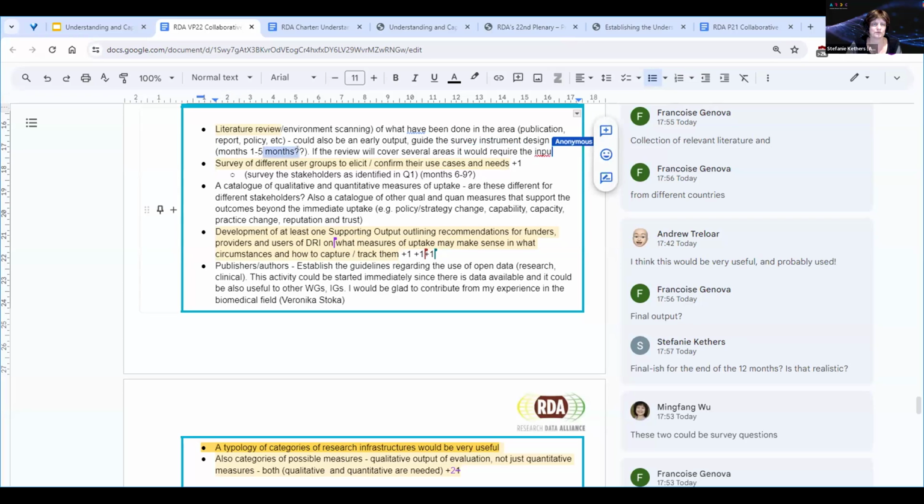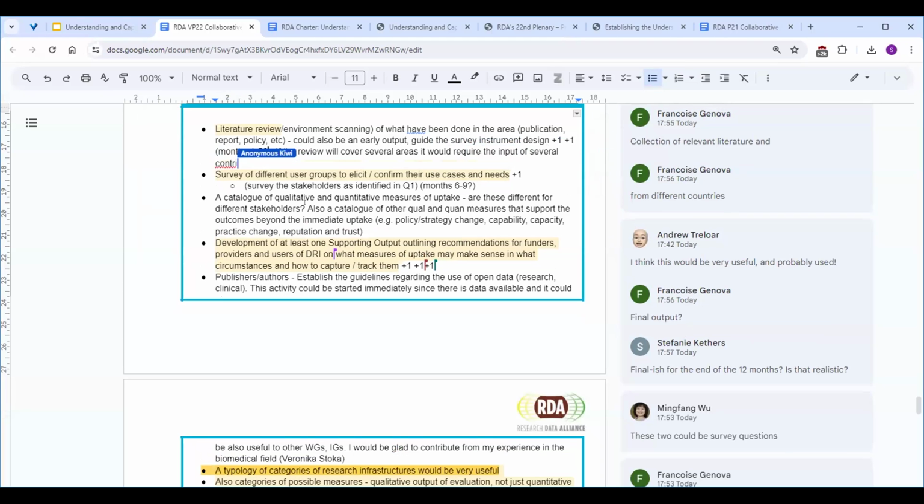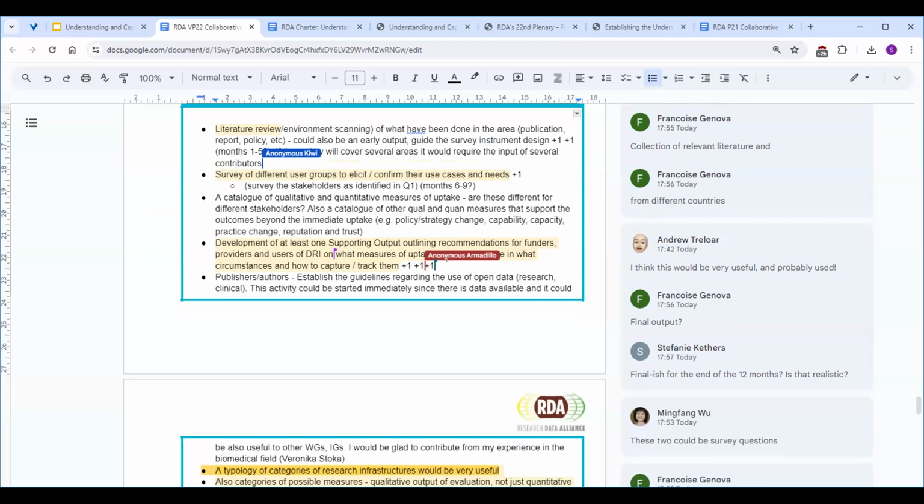So yeah, sorry, I was just going to say, I do think that recommendations document is a good longer term goal, and these other activities are feeding into that, informing that document. So I just put a couple of timelines there.